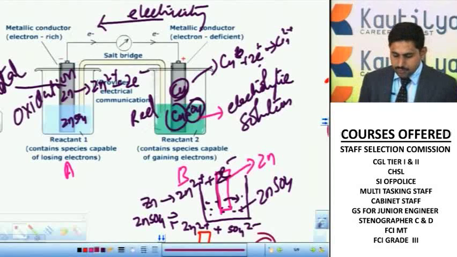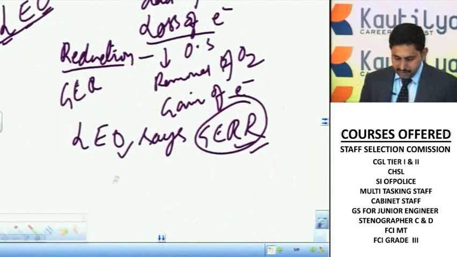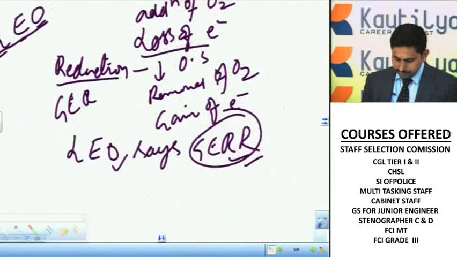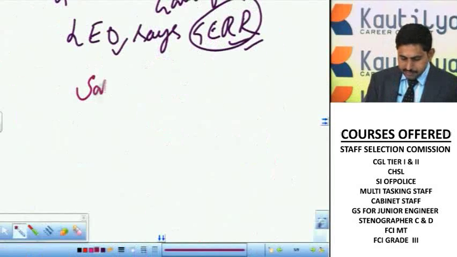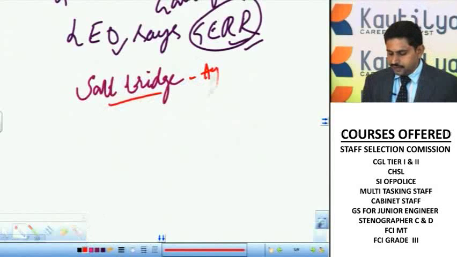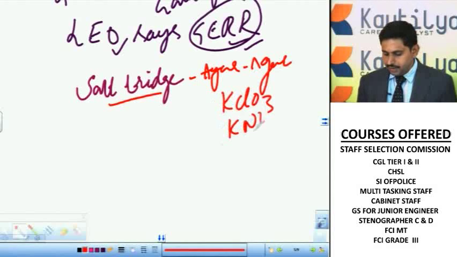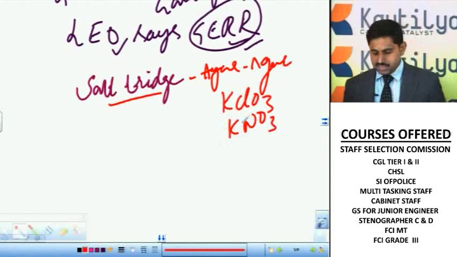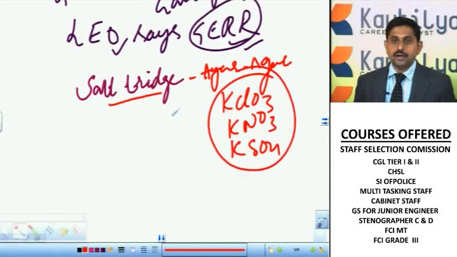A salt bridge is a U-tube consisting generally of inert material, agar-agar and some potassium chloride, or potassium nitrate, or some sulfate content like potassium sulfate. It consists of some chemicals.